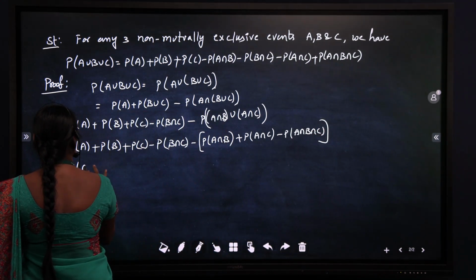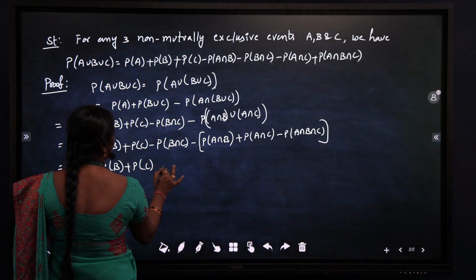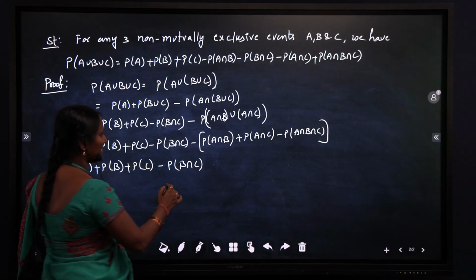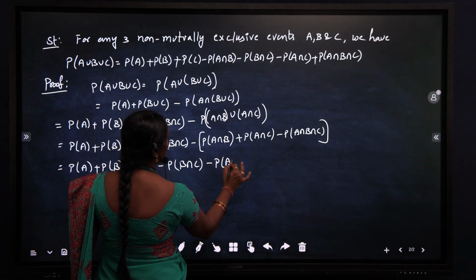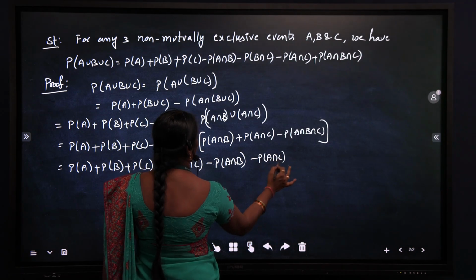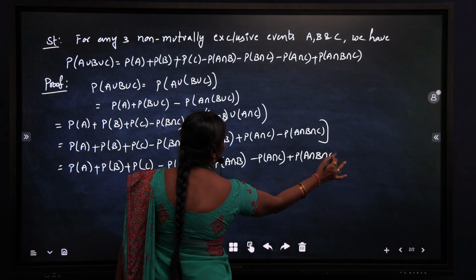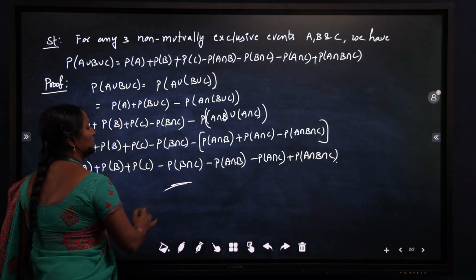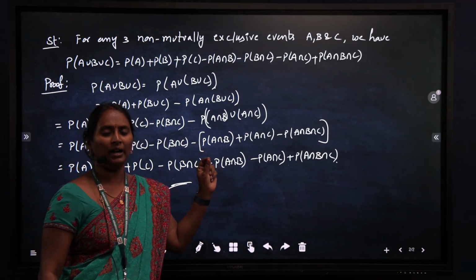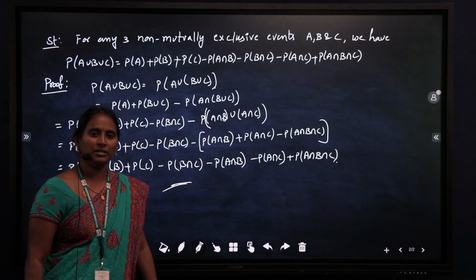So now we are going to write this as P of A plus P of B plus P of C minus P of B intersection C. Multiplying minus with each term, you will get minus P of A intersection B minus P of A intersection C, and minus of minus gives plus P of A intersection B intersection C. In this theorem, remember, we only use the addition of probability for two events. If you are familiar with that, then we can solve the theorem for three events, A union B union C.